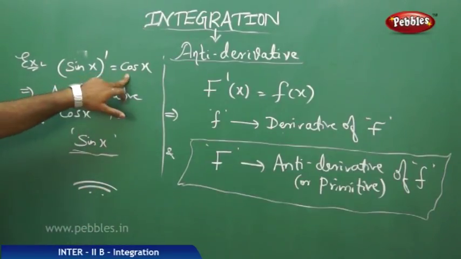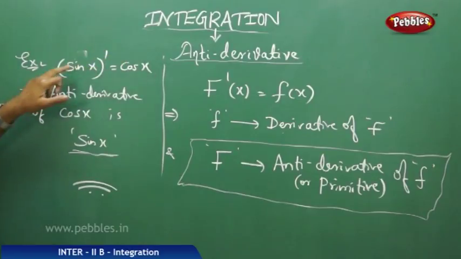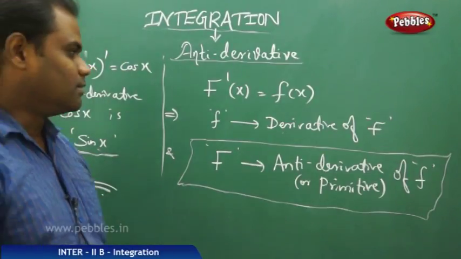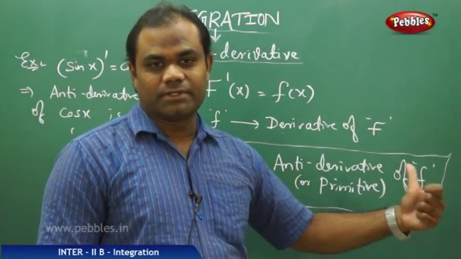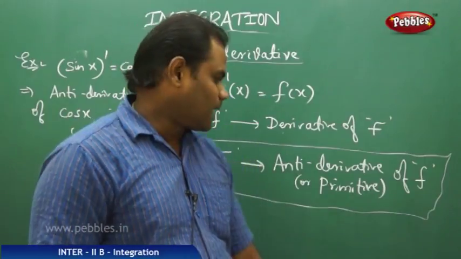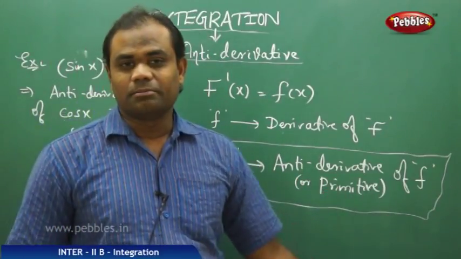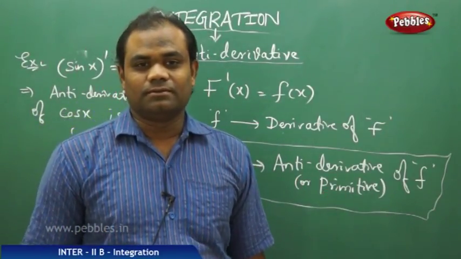Derivative of sin x is cos x and antiderivative of cos x is sin x, which is how we understand the derivative and the antiderivative connected with the reverse process. The antiderivative is also called the primitive of the function.